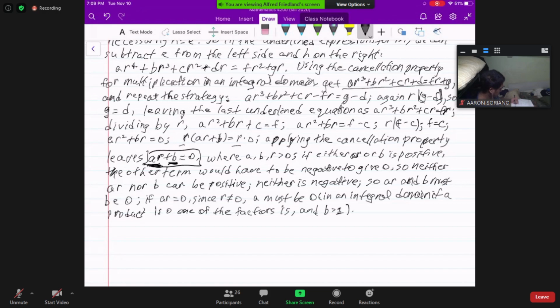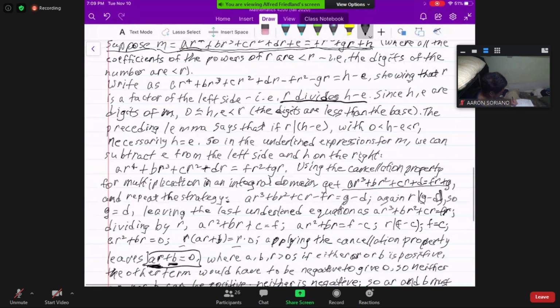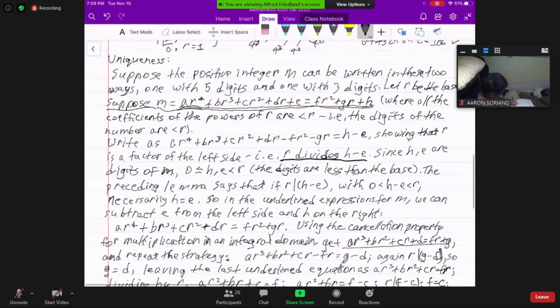Okay, so look at what we have. We found that the extra coefficients A and B in M, that were coefficients of powers of R higher than the powers of R in the other representation on the right side of the equation I just underlined, have to be 0.